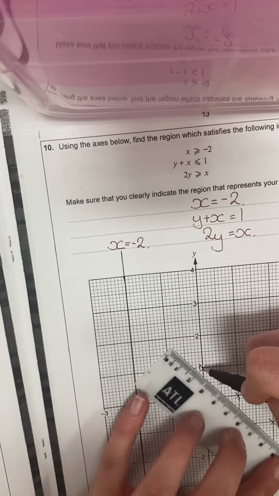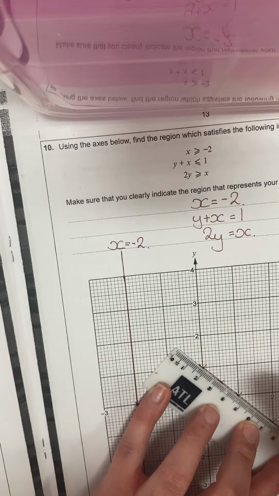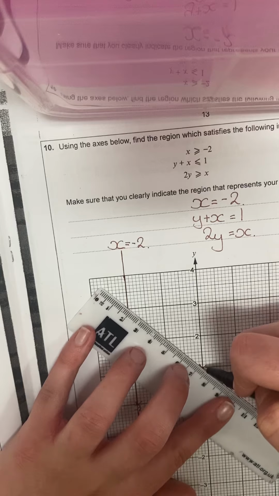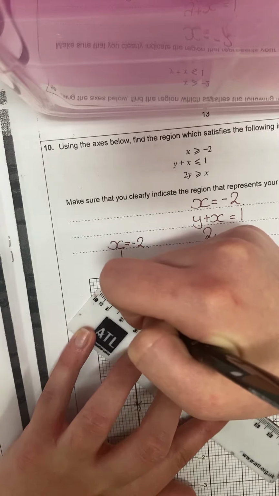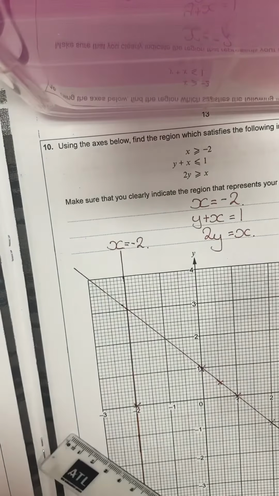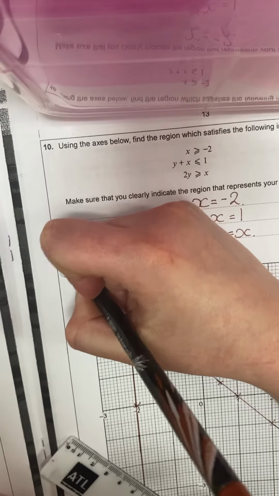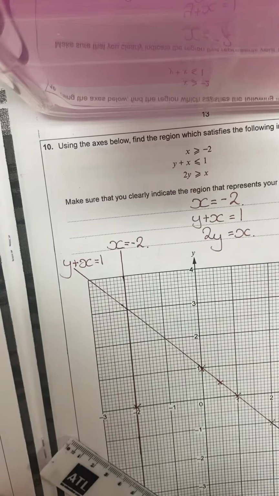So these are all going to lie on the line x plus y is equal to 1. So I'm going to draw that one on and label that one. So that's the line of y plus x is equal to 1.